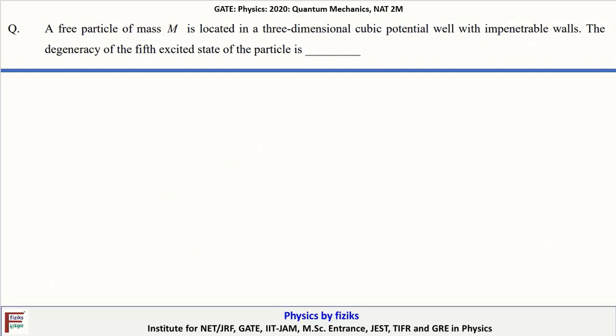A free particle of mass m is located in a three-dimensional cubic potential with penetrable walls. Find the degeneracy of the fifth excited state of the particle.